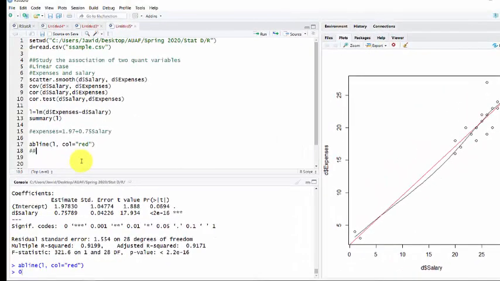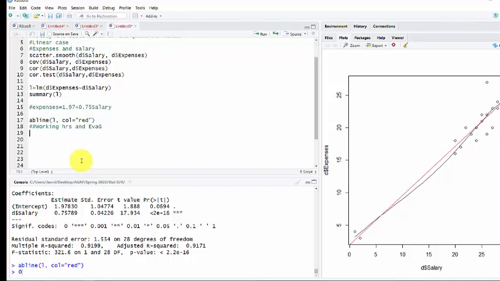As a matter of comparison, let me consider another example, for which I use working hours and evaluation grade. I want to see how much working hours and evaluation grade are linearly associated. In other words, we are interested to see if the working hours of employees are important in their evaluation grade given by their boss.